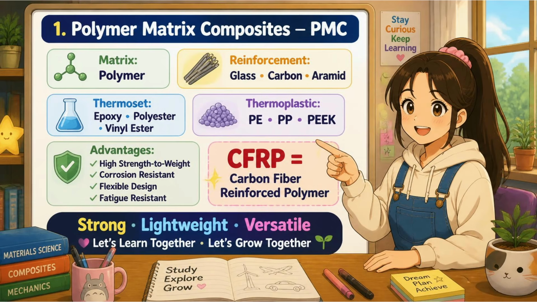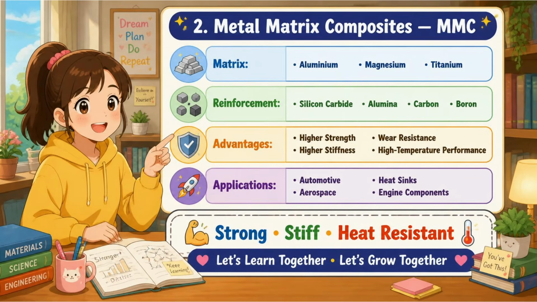And the next is MMC, metal matrix composites. Here the matrix is a metal. Common matrix materials include aluminum, magnesium, and titanium. The reinforcement is often a ceramic or high performance material such as silicon carbide, alumina, boron, or carbon.